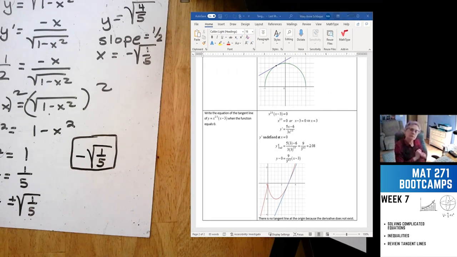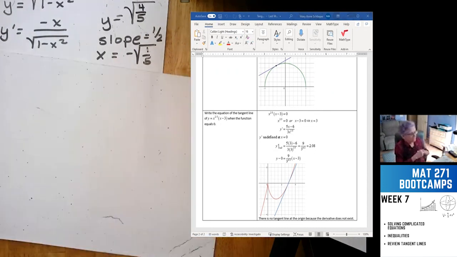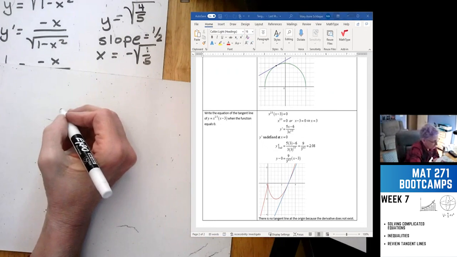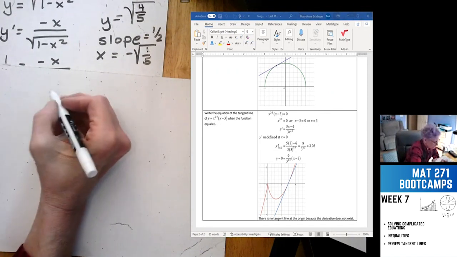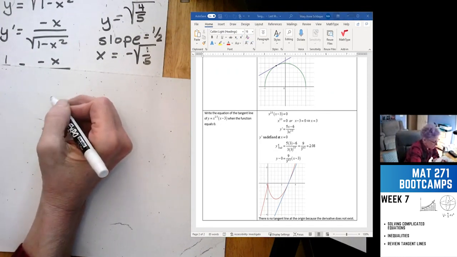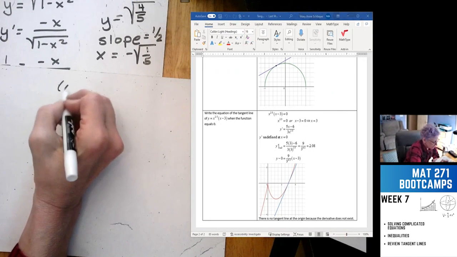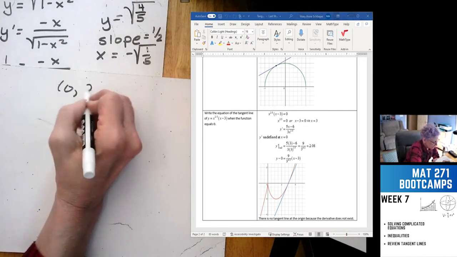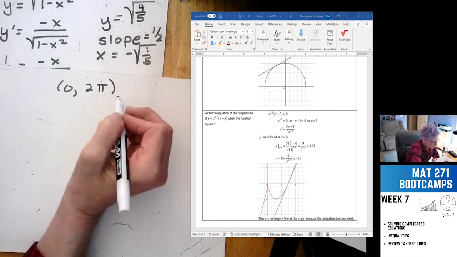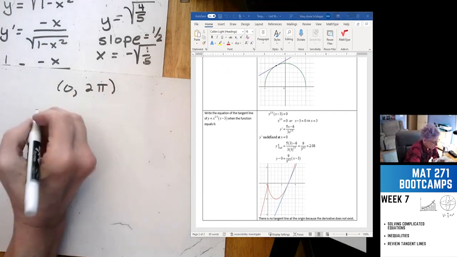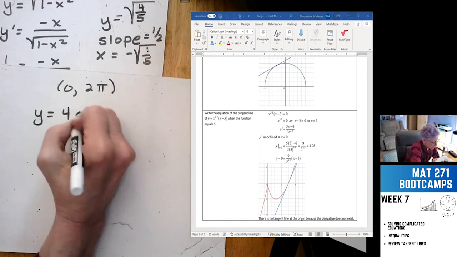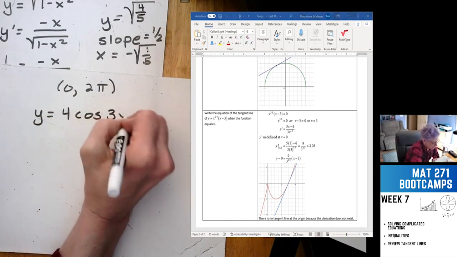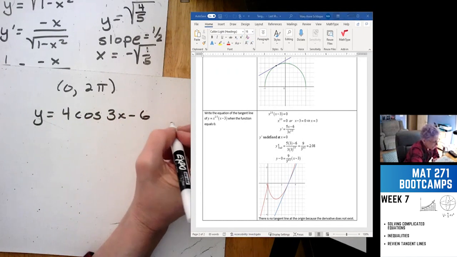Okay. So it was, I think, number 10. The part I got stuck at was the same thing. It was write the equation of the tangent line between 0 and 2 pi, and the equation was, oh god, y equals 4 cosine 3x minus 6 or something like that.